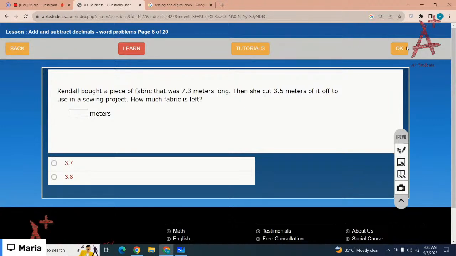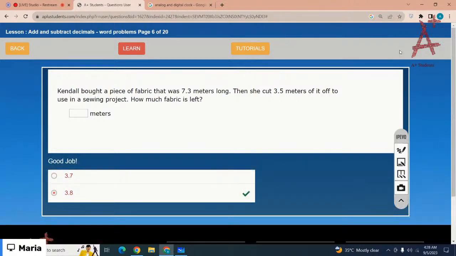Which is the correct option? You have to subtract. So 7.3 minus 3.5 is 3.8. The correct option is 3.8.